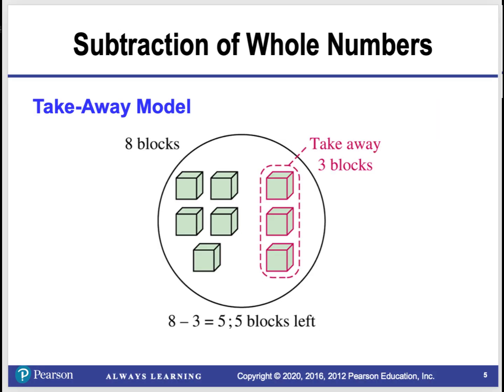If we want to model these with visuals, for the takeaway model, we might have a set of 8 blocks and we have 3 that we are going to take away. This would be 5 blocks left, 8 subtracting 3, 8 minus 3.